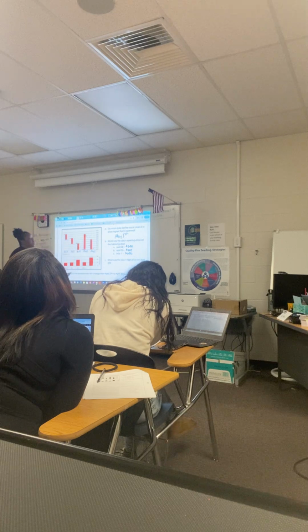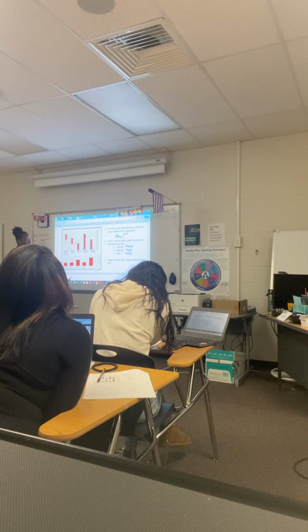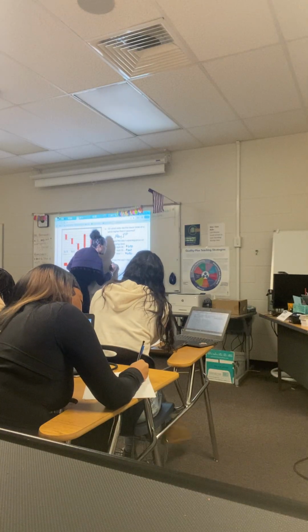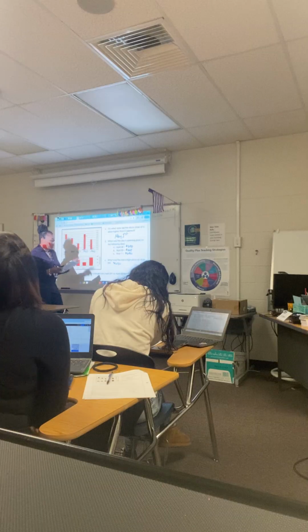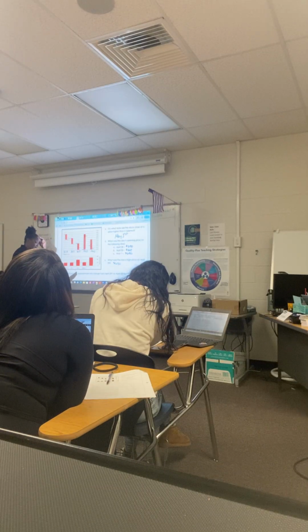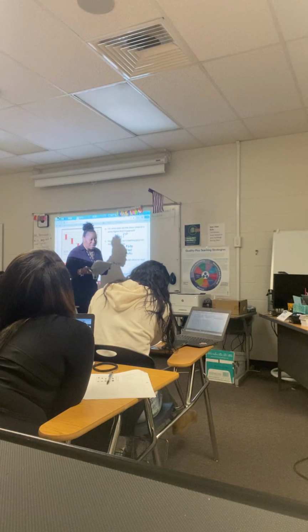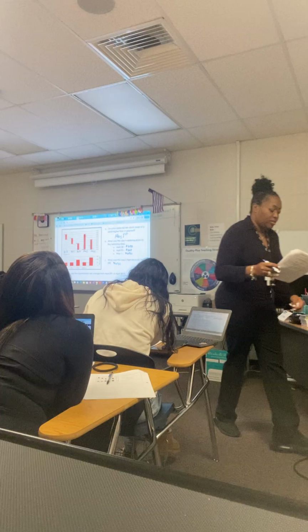C, what was the day's high price on April 29th? 680, right here. We're going to skip D and go to E. Approximately how many shares were traded on April 30th?